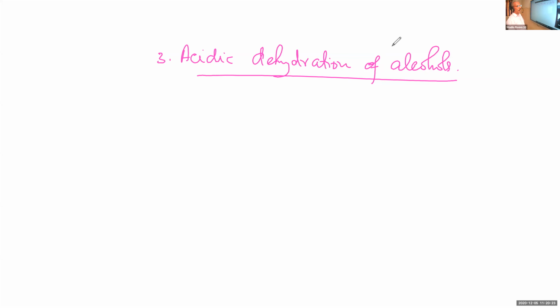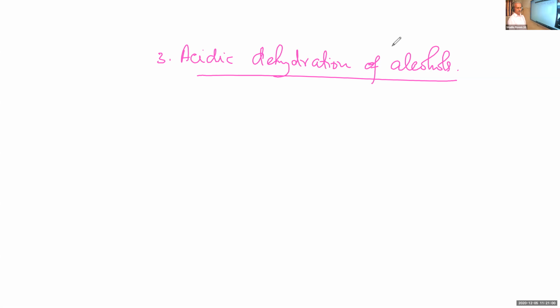That is removal of water in the presence of an acid. The acid is the dehydrating agent. There is a removal of water, and to remove water we need a dehydrating agent. You have studied this in the 10th standard. Any substance that can remove water is called a dehydrating agent. So here, the dehydrating agent is an acid, for example, concentrated sulfuric acid.